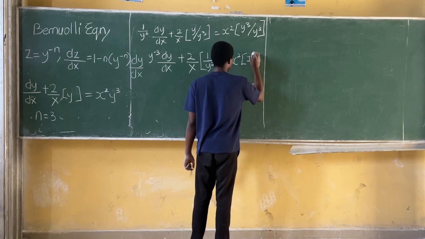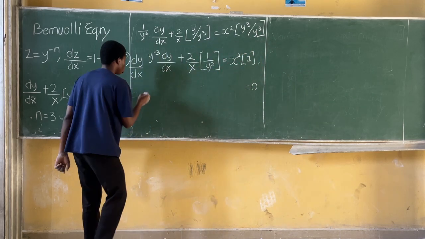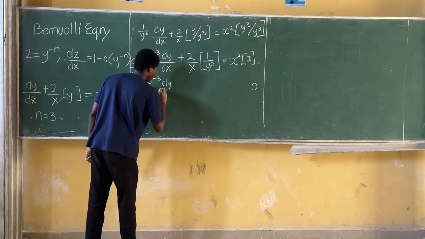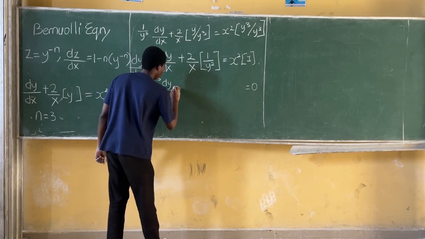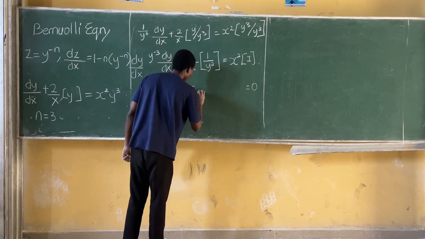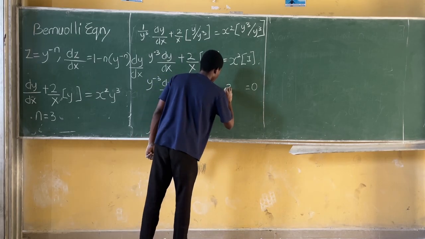This is 1. This is going to cancel out this. So now we'll be left with y raised to power minus 3 dy over dx plus 2 over x, y raised to power minus 2, which is equal to x squared.